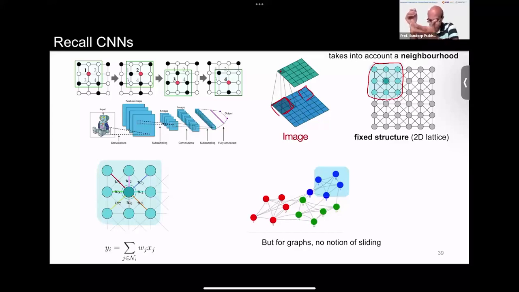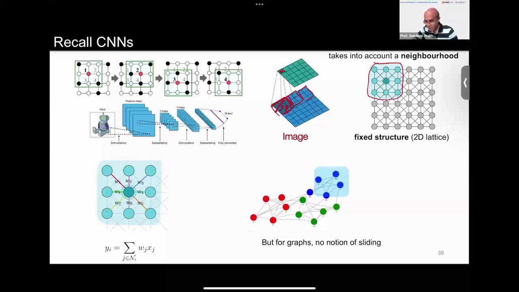But one of the problems that immediately arises in realizing that notion is, although I can replace the information in all these pixels with one pixel as a weighted sum in the feature map, to go to the next slice we did something called sliding. That notion of sliding cannot be applied to graphs because of the irregular structure.